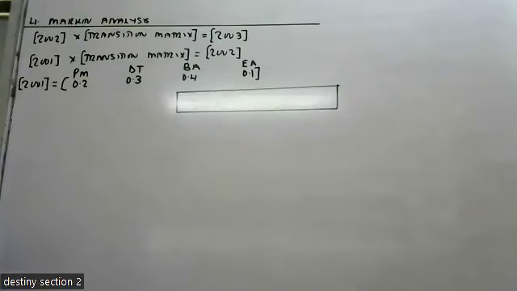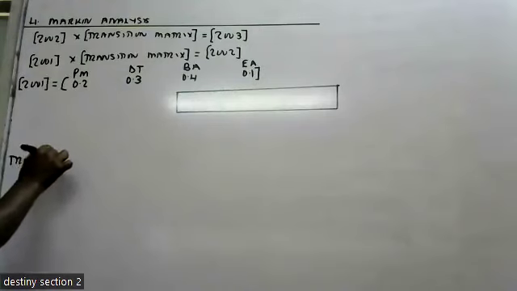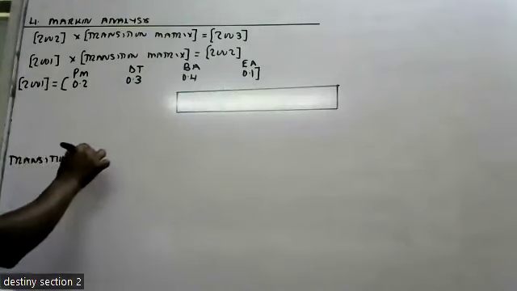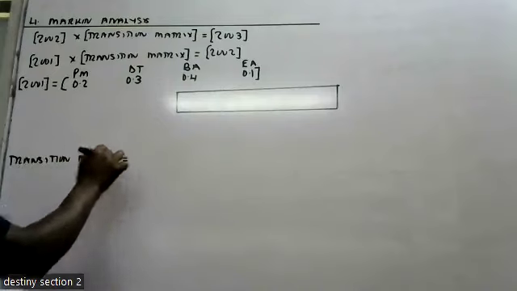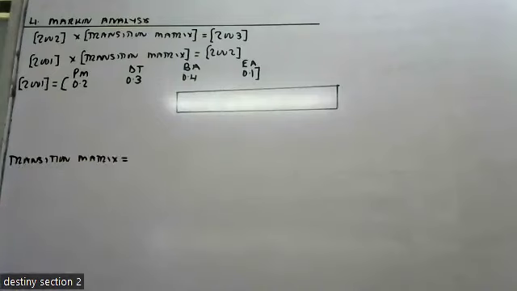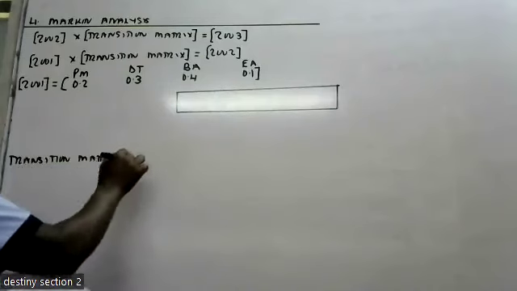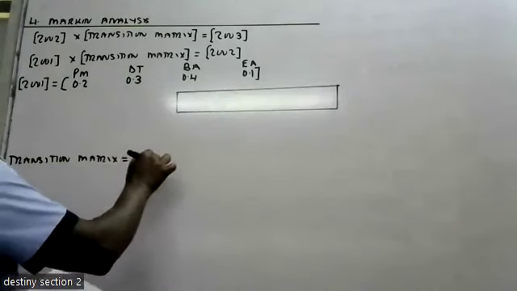The 2001, that is how they are. We now come to the transition matrix. Now, a transition matrix is usually drawn like this. On this side, we say from.